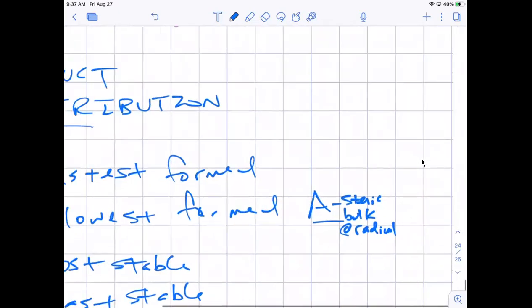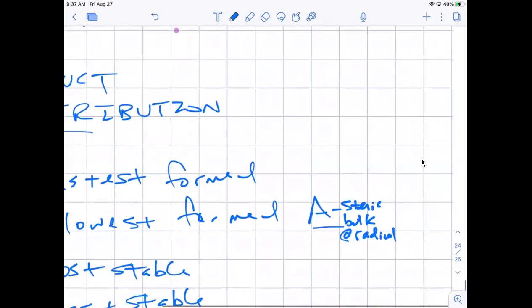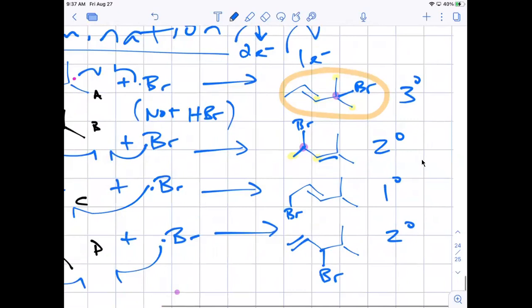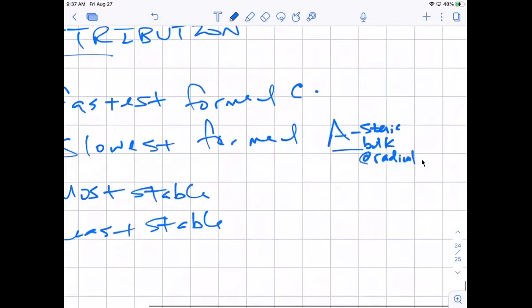So which one do you think is going to be the fastest out of all of these? The primary, C, right? Because that's the least substituted radical.